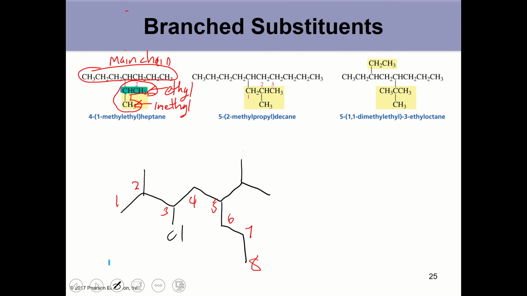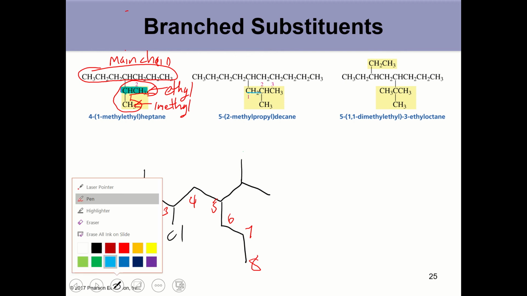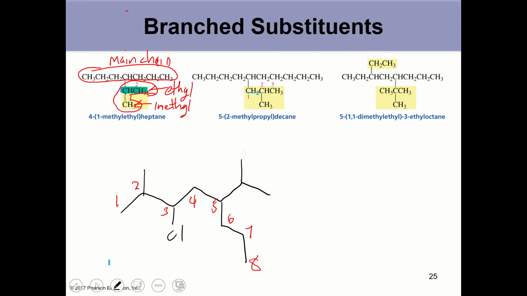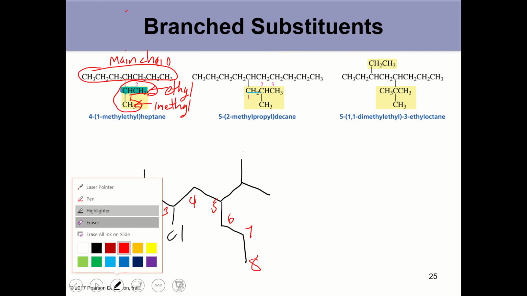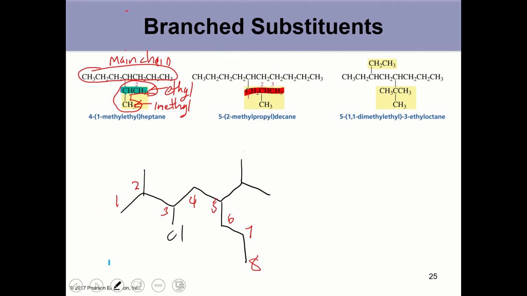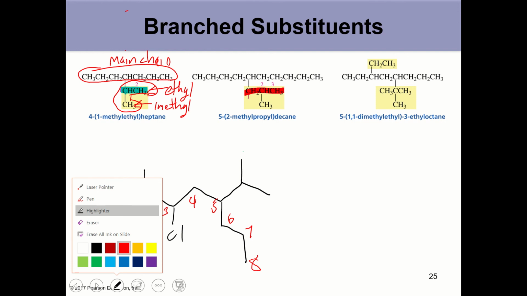Next, we can look at another branch, and in this case, the longest continuous branch from the carbon bonded to the main chain is 3 carbons, highlighted in red. And at carbon 2 of the branch, there is another branch, and that is a methyl group.